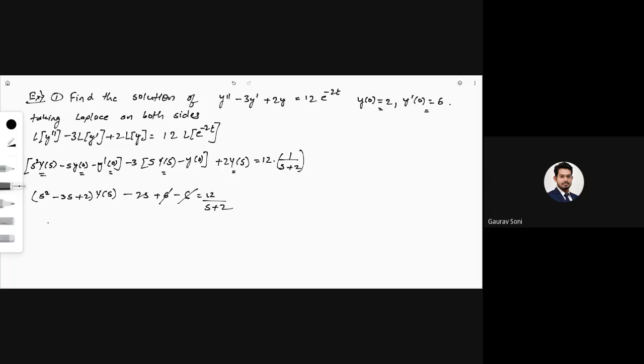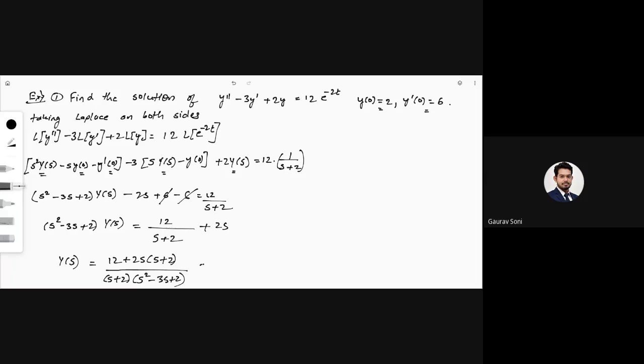So what we have, s square minus 3s plus 2 times capital Y of s is equal to 12 upon s plus 2, plus 2s. So we can cross multiply and simplify this. So that will be 12 plus 2s in bracket s plus 2, upon s plus 2 into s square minus 3s plus 2.